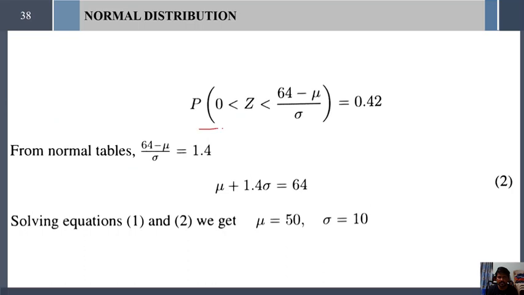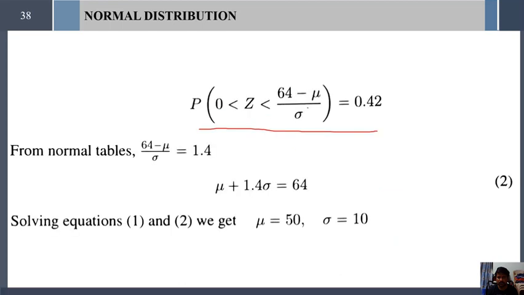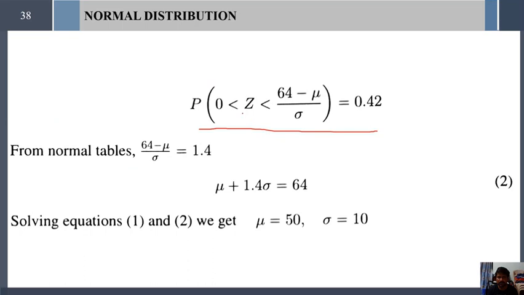In other words, this can be written as probability of 0 less than Z less than (64 minus mu) divided by sigma. From the normal table, this is nothing but the complement value to 0.5 of the probability of Z greater than (64 minus mu) divided by sigma.